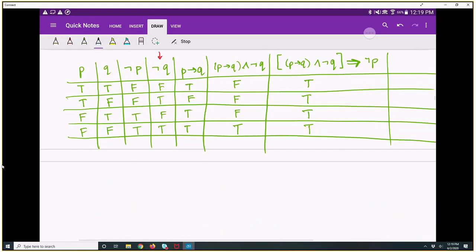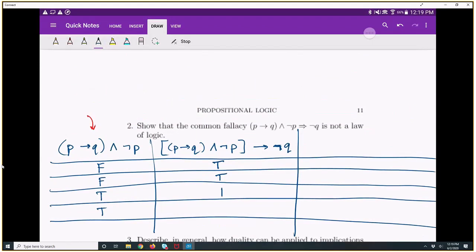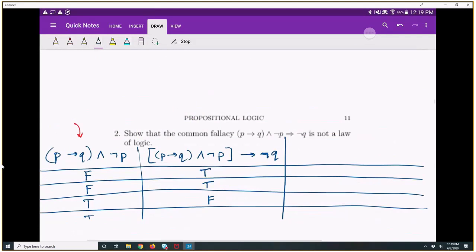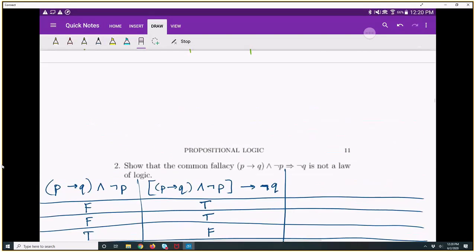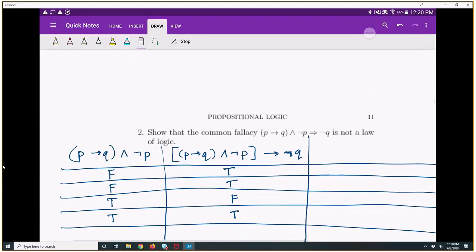Then I have true implies false, which is false. And finally I have true implies true, which is true. So you can see this is not a law of logic because of the third case where I get false.